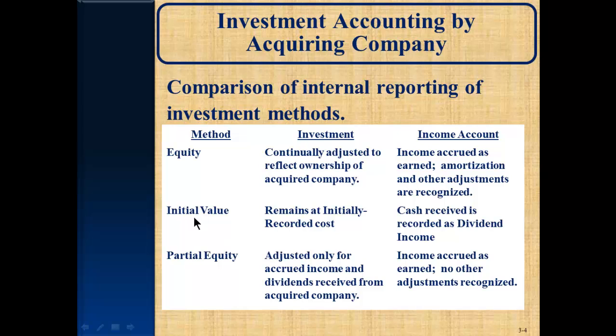So you're going to know that that's what's happening when 3 years down the line you still have that same value. Well, obviously, then you just continue to use the initial value method like most of the other people in the United States. And then partial equity is the hybrid.